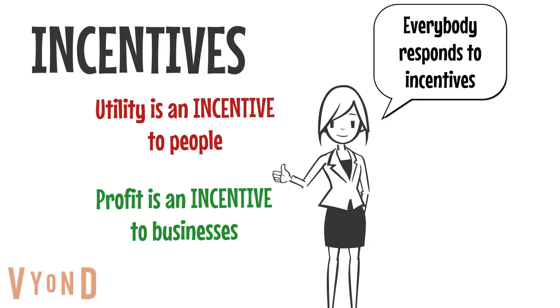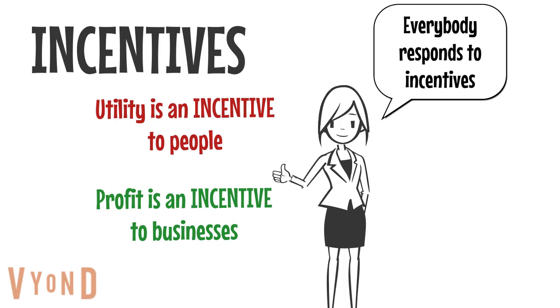Businesses and people respond to incentives. An incentive is something that causes you or encourages you to do something. So when your mom says, we'll pay your insurance if you get A's, that's an incentive for you to get A's. Utility, happiness, is an incentive for people. Profit is an incentive for businesses.